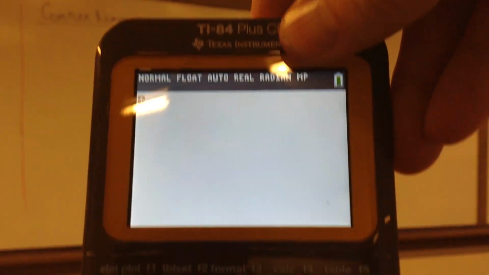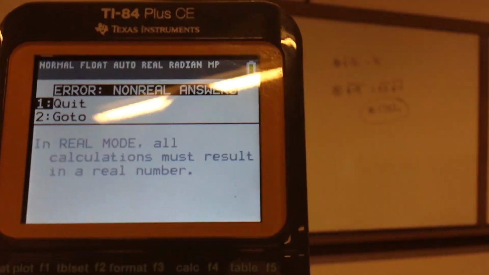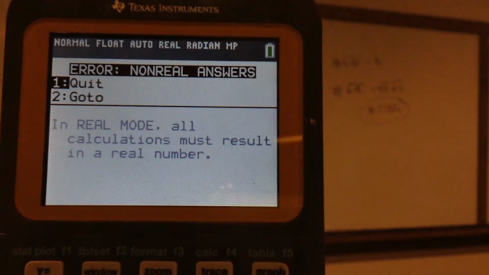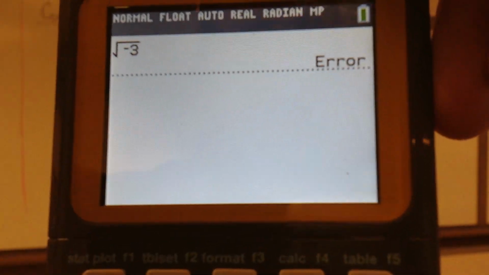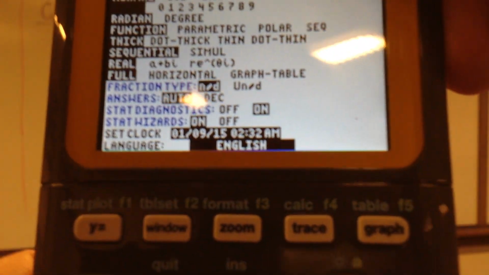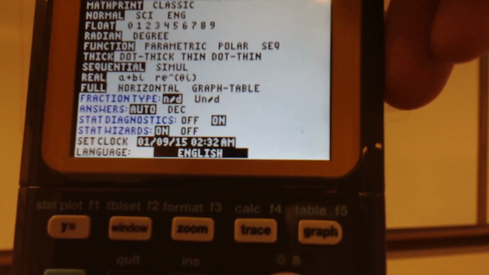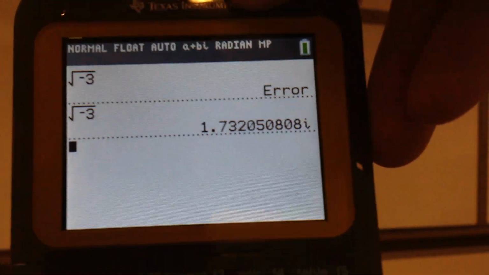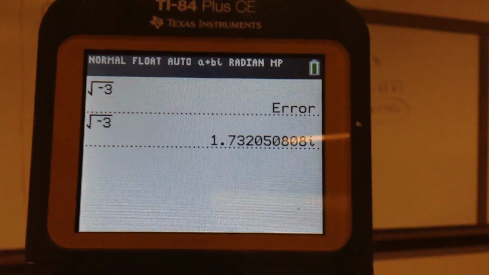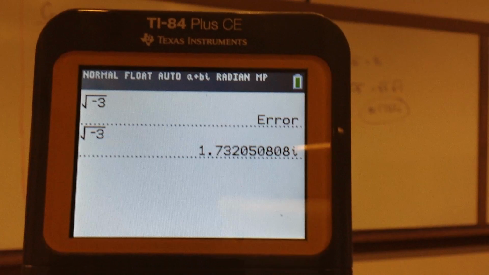If we square root -3, it's going to give us an error message, okay? But we can get around that if we go into mode, come down here. Instead of just looking at the real numbers, we also want the a plus bi numbers. And then if we go back and square root this -3, there it is, 1.732, and then you can see that little i on the end there, okay?